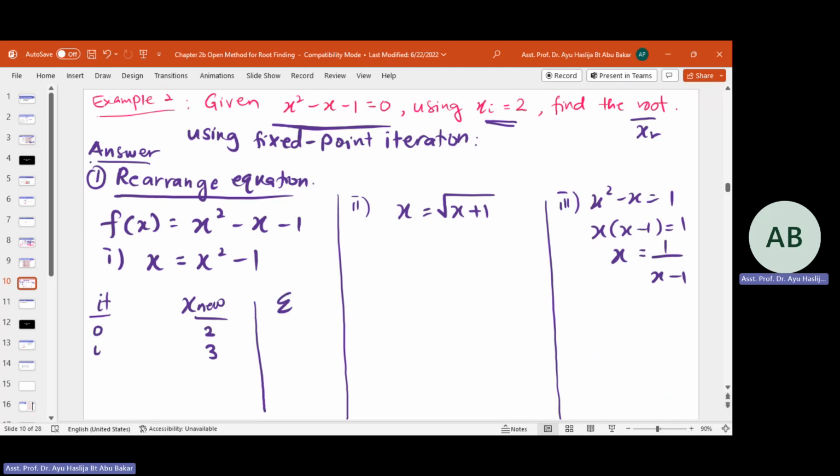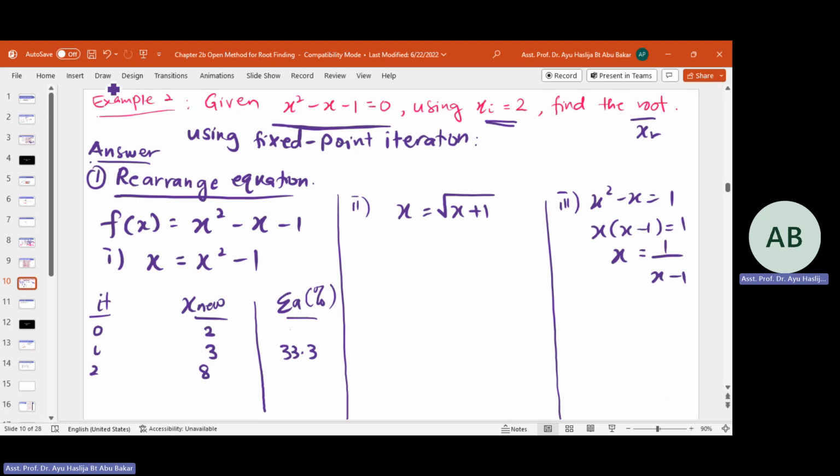Okay, this part is important for the EA. Now calculate the EA. 33.3. Okay, next. 8.